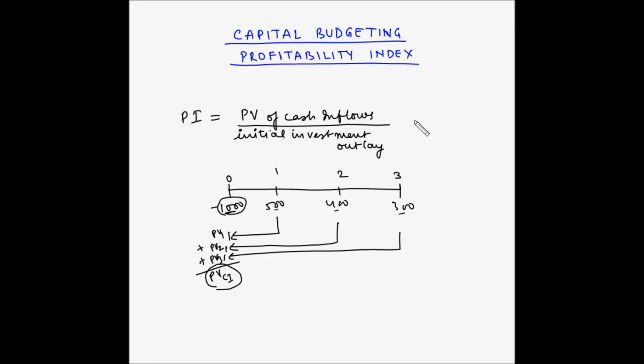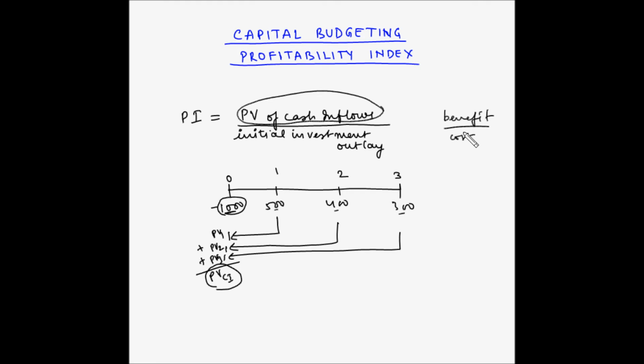So this ratio is also known as the benefit to cost ratio, where the present value of cash inflows is nothing but the benefit and initial investment outlay is nothing but the cost.